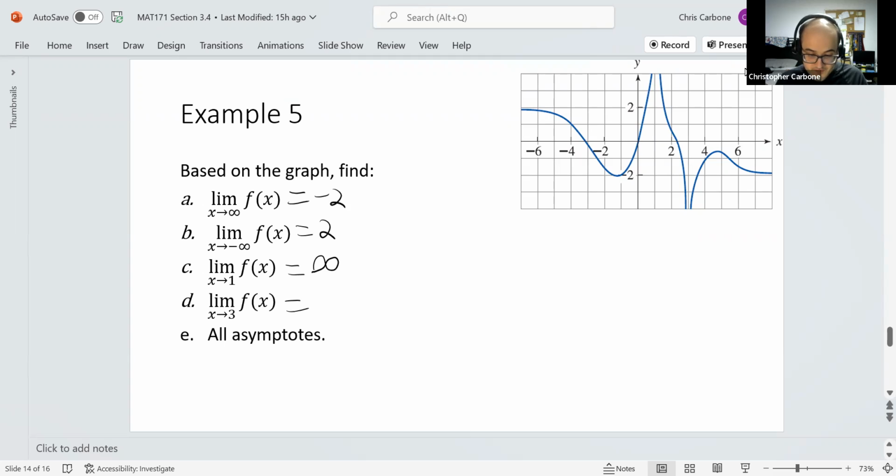Likewise for 3, whether we talk about the right or the left, the values decrease negatively, so this would be negative infinity. So based upon what we see here, the asymptotes that we have for y are both +2 and -2. And for x, these will be x equals 1 and x equals 3. So a total of 4 asymptotes based on this graph.